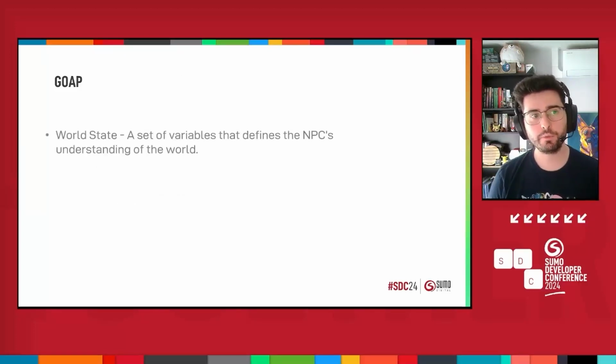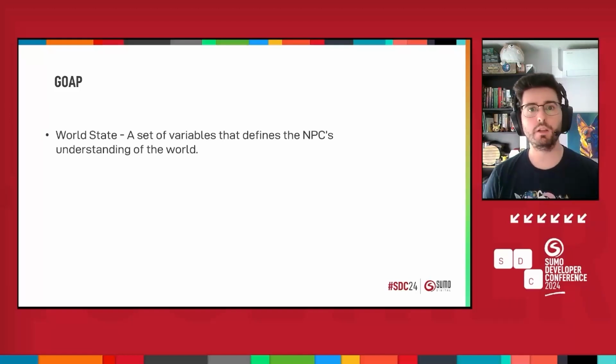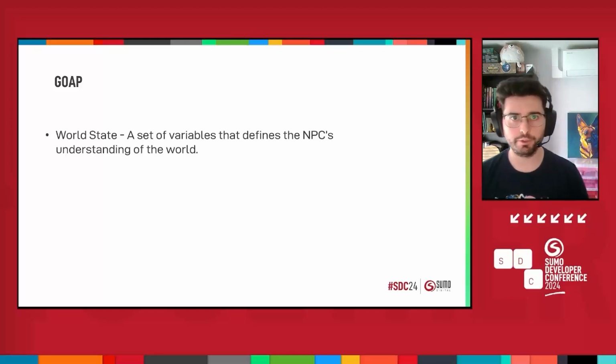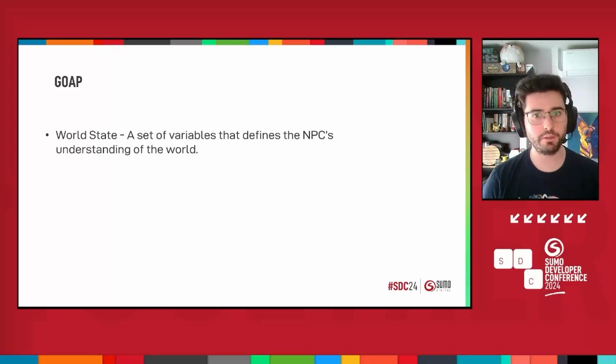So I want to run through a few different concepts of GOAP, a bit of terminology. The first one is world state. We can think of world state as a set of variables that define the NPC's understanding of the world around them. It can have variables that are static, so things about the world that never change, but it can have things that are very specific to the NPC's vision or understanding of the world. We'll be talking a little bit more about this in the next slide.